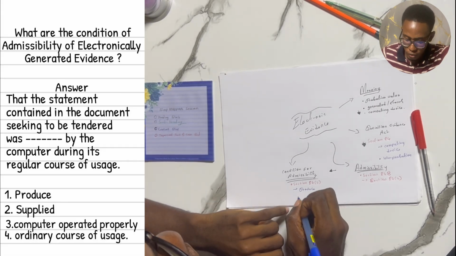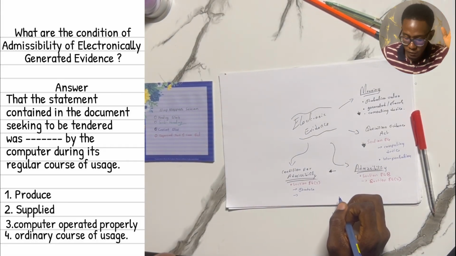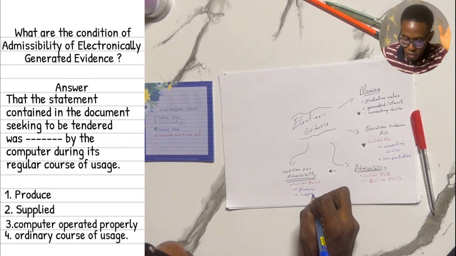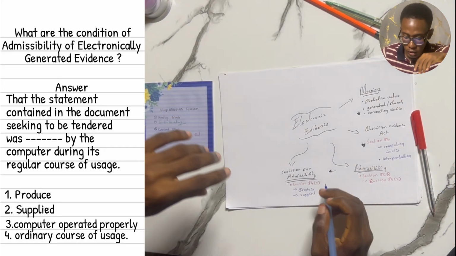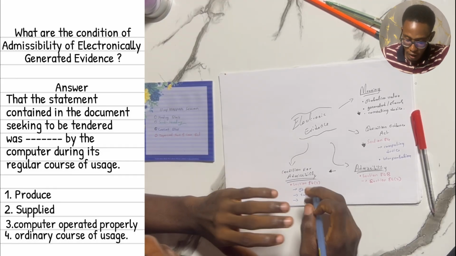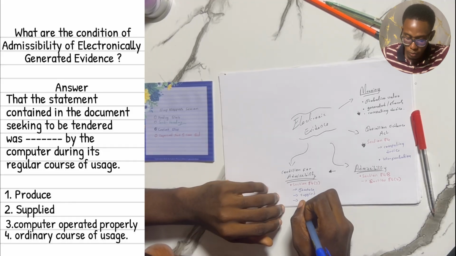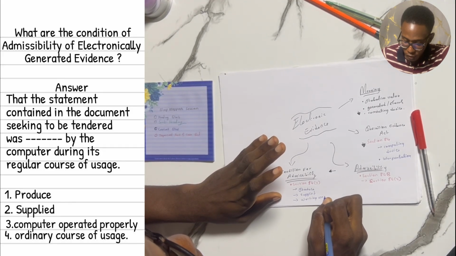That's the first one, produced. Second, the information contained in the document or the evidence was supplied to the computer during the regular course of usage. And then the third, that the computer was working perfectly fine during the regular course of usage or the production of that document, working well.